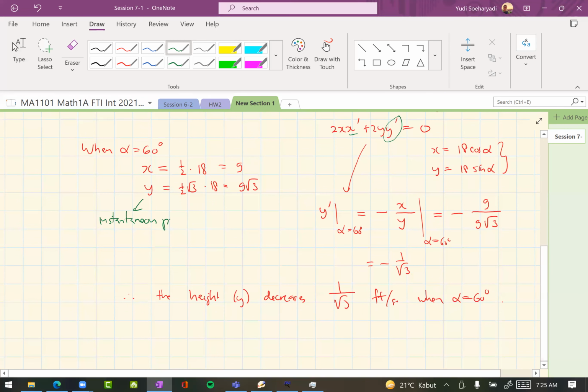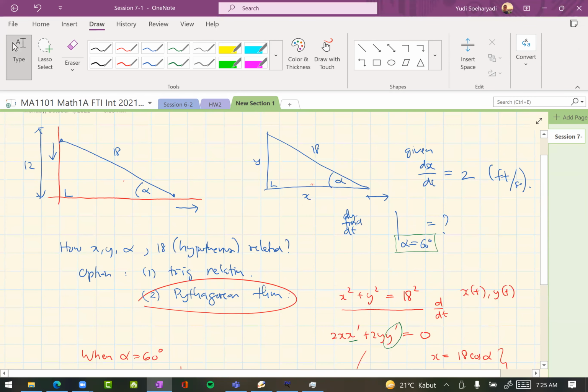Instantaneous picture means that this is 60 degrees, this is x and y, this is 18. This is the instantaneous picture, while this one is the general picture.